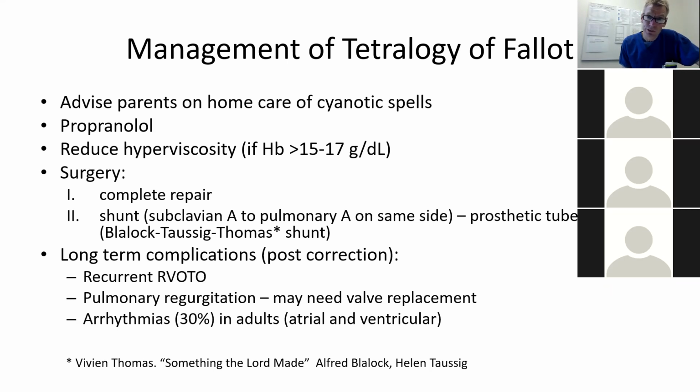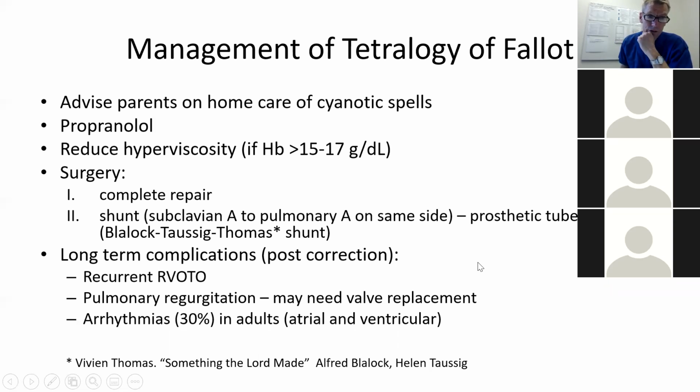And that means that some of the blood that goes into their lungs comes directly from the aorta. That's what a Blalock-Taussig shunt is. It's usually from the subclavian artery, which comes off the aorta, to the pulmonary artery on the same side. And that can either be a prosthetic tube graft or it can be a direct shunt.